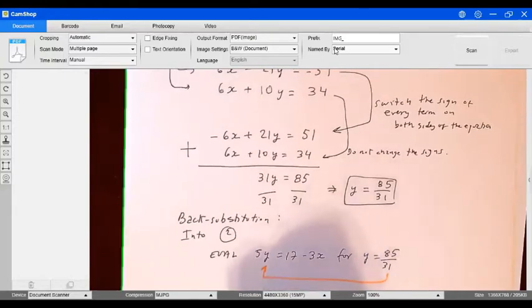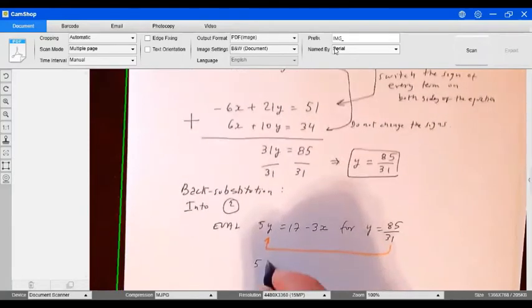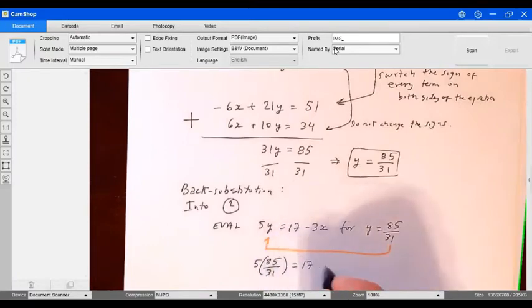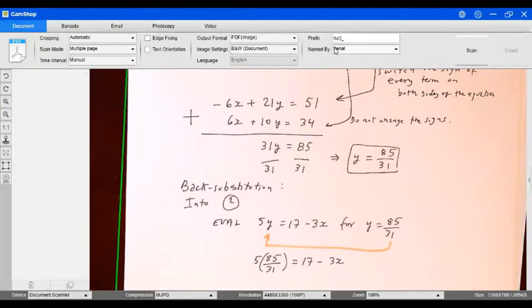So this is going to be 5 times 85 over 31 equals 17 minus 3x. I'm going to need my calculator to do these operations. Some of the students like to use decimals. You are welcome to do that. I'm going to try to stick with fractions only.